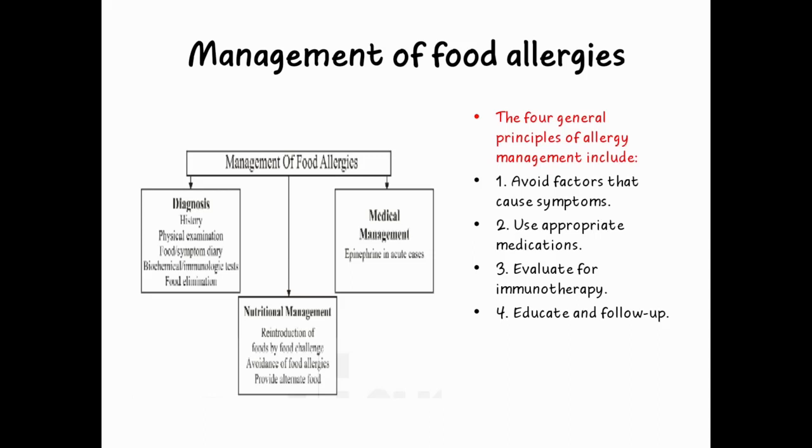After that we go to medical management, which is, in acute cases, introduction of drugs in the body in severe cases. And then you have your nutritional management, which is reintroduction of foods by food challenge and avoidance of food allergens, and providing alternate food.